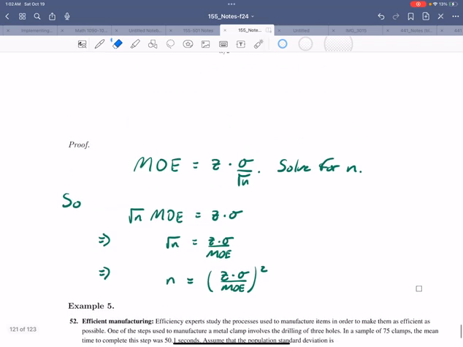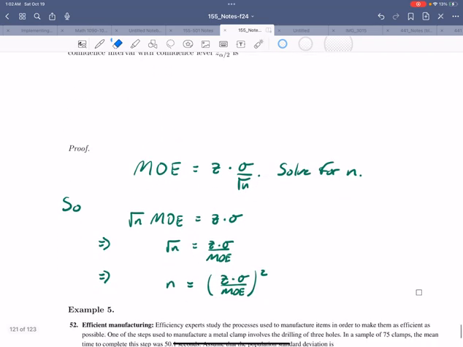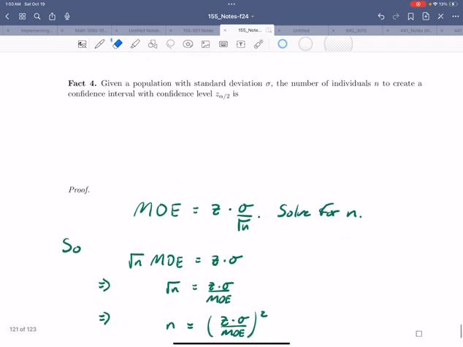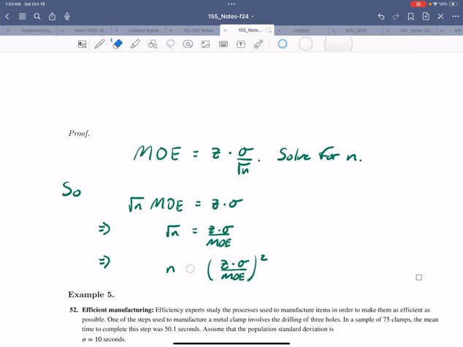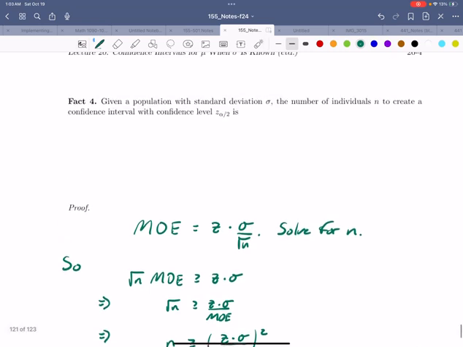So that's our formula. And actually, this should be greater than or equal to. All right, so anyway, that's our formula.